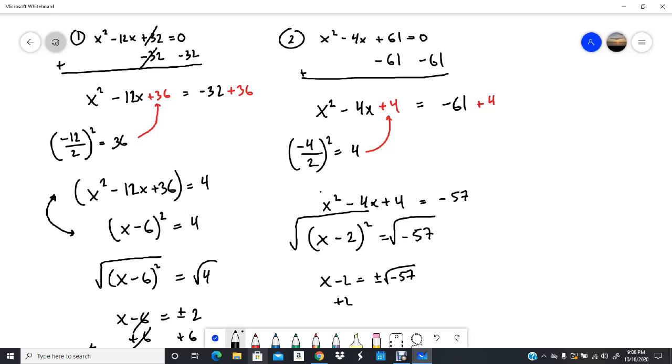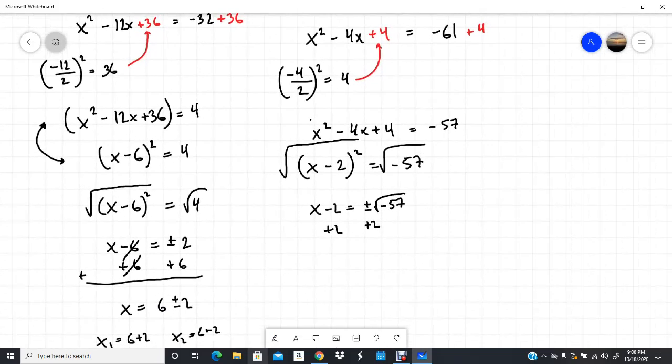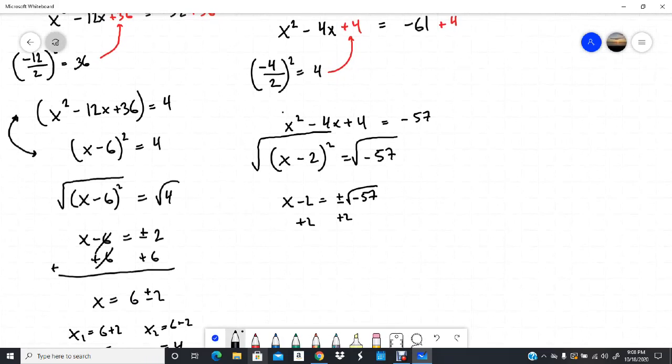We add the 2. So x will equal 2 plus or minus the square root of negative 57, which would be 2 plus or minus i square root of 57.